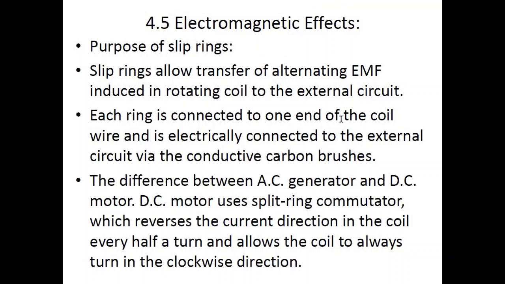The difference between an AC generator and a DC motor is the use of a split ring. The DC motor uses a split ring commutator, which reverses the current direction in the coil every half a turn and allows the coil to always turn in the clockwise direction. This we'll discuss later on in the DC motor topic.